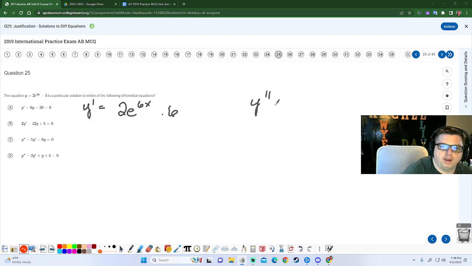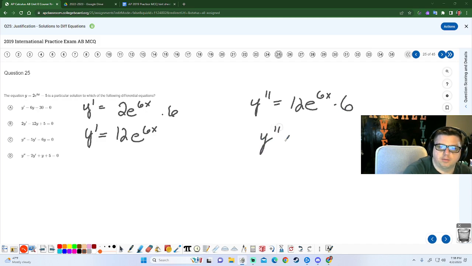If I want y double prime, I can take the derivative of this. So this y prime is 12e to the 6x, right? e to the x is e to the x times the chain rule. So that's y double prime, which would be 72e to the 6x.